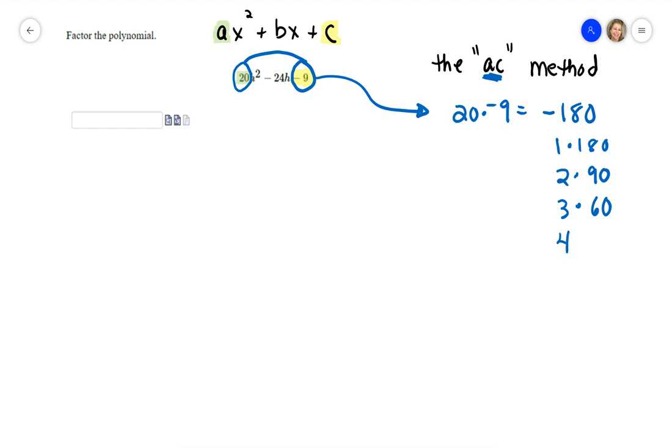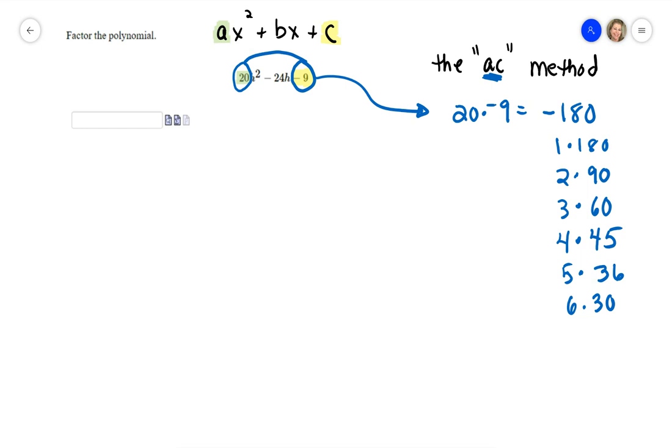Does 4 go in there? 4 times 45 is 180. It ends in 0, so 5 works. 5 goes in there 36 times. 6 times 30. Yep. 7 does not work. Does 8 go in there?